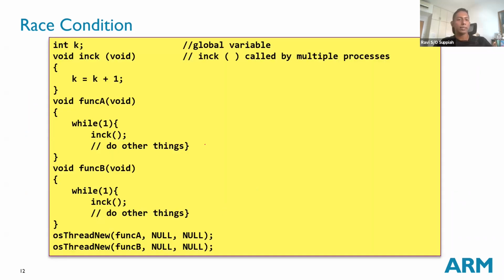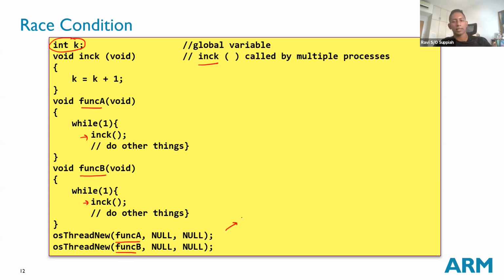So let's look at this example where I have a variable k. This is a global variable, and I have a function increment_k that is going to increment k by 1. Both function A and function B call increment_k, and both are tied to two different threads.